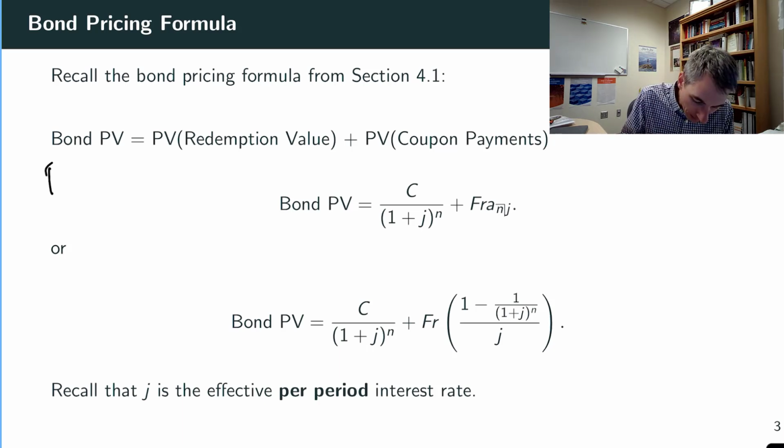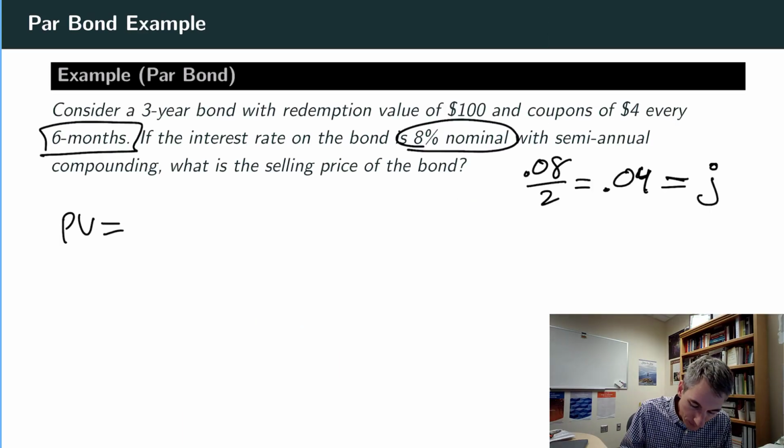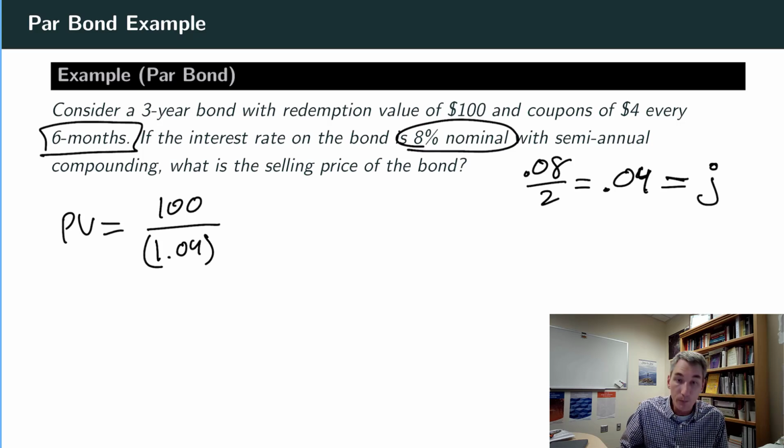So the selling price of the bond, that present value, should be the redemption value, C, which is $100, divided by 1 plus the interest rate, so 1.04. And if it's a 3-year bond with compounding twice a year, semi-annual compounding, so every 6 months, that means n in this case is going to be 6, because we're going to have six six-month periods in a 3-year period.